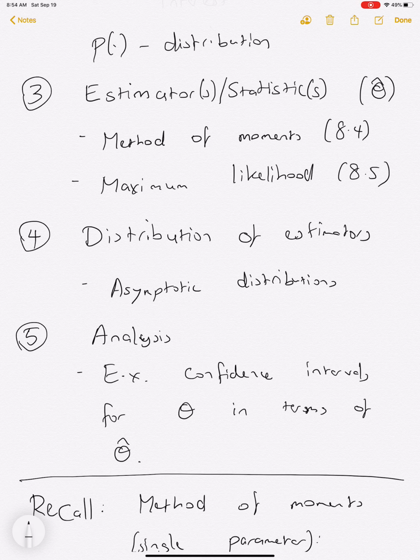And then using that distribution, the fifth component is, can we provide confidence intervals or some other inference based on the estimated theta hat? Theta hat is a statistic or an estimator, which depends on the data, and theta is a parameter. So what can we say about theta hat with respect to theta?